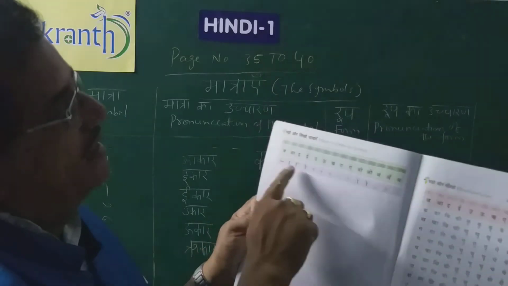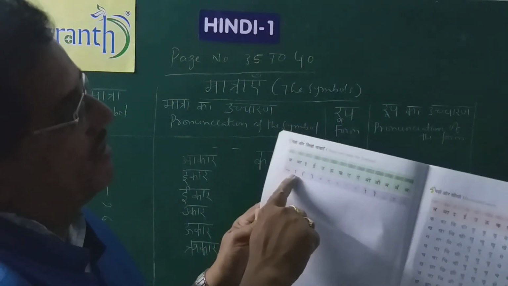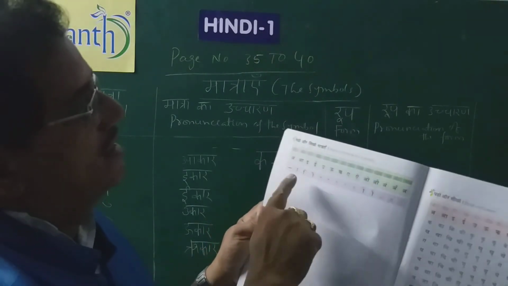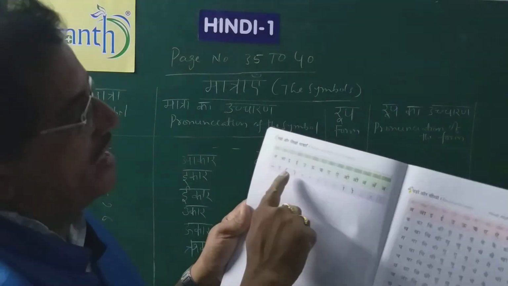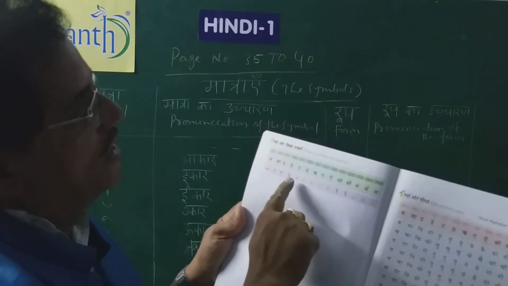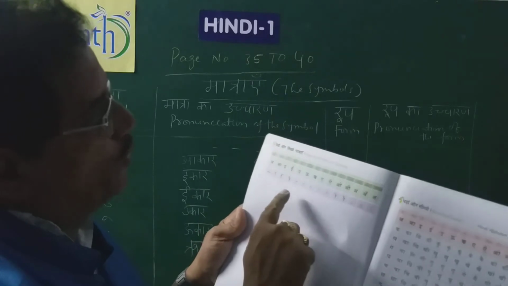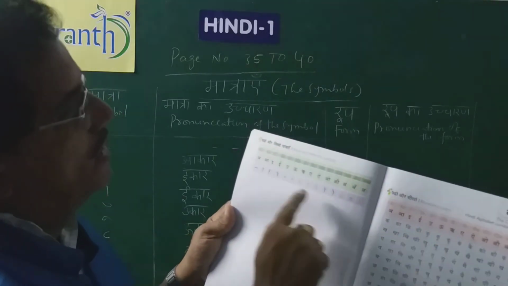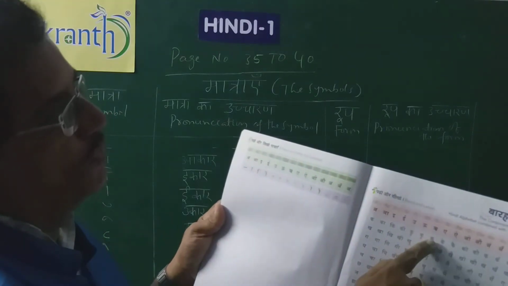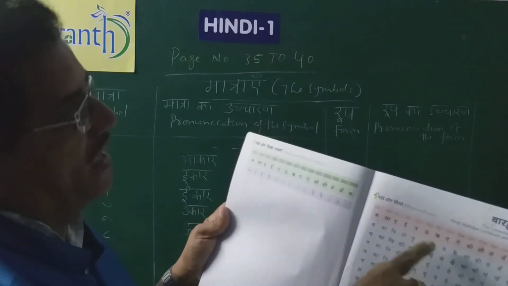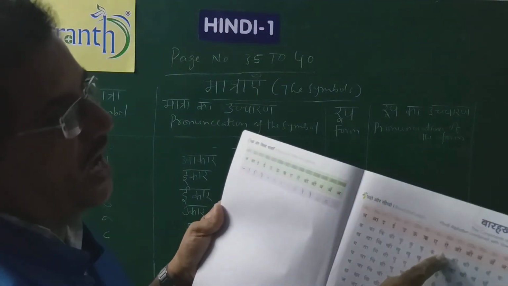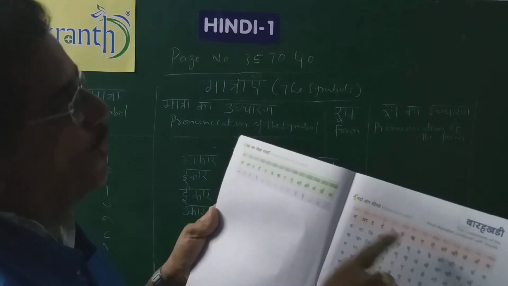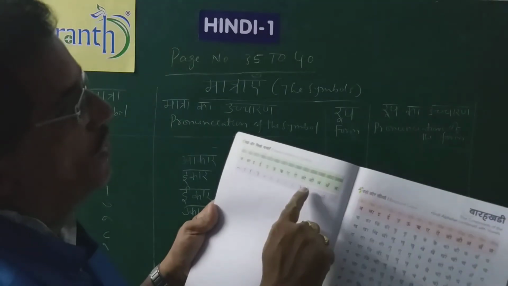With ka, add a symbol. Ka, ikar, ki, ikar, ki, ukar, ku, ukar, kru, rikar, kru. Ekar, ke, aikar, kai, okar, ko, aukar, kau.